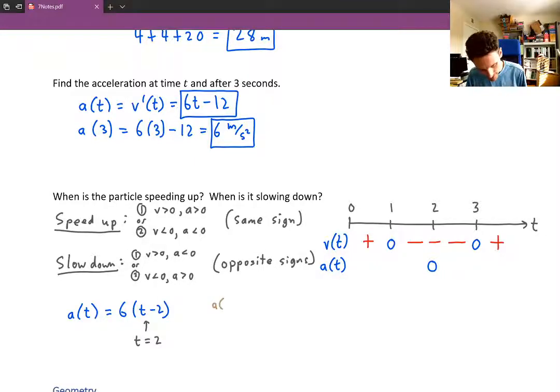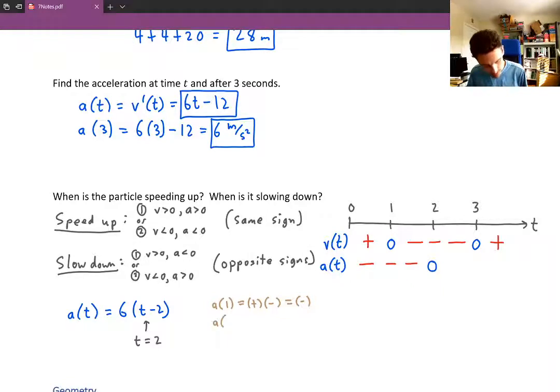So a of, let's say, 1, that's going to be a positive 6 times a negative number, and 1 minus 2 is going to give you a negative number, which is negative. And so acceleration is negative here, and it's going to be negative on the interval from 0 to 1 and from 1 to 2 as well.